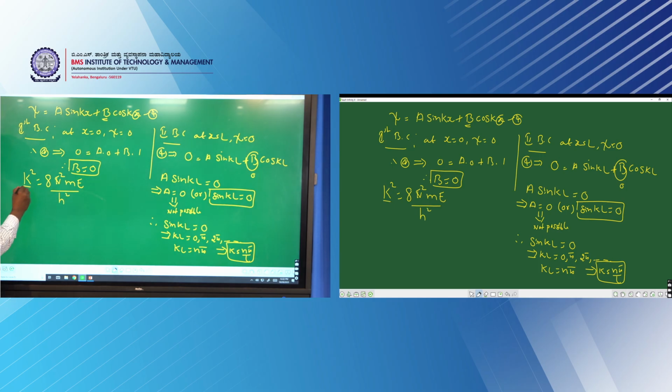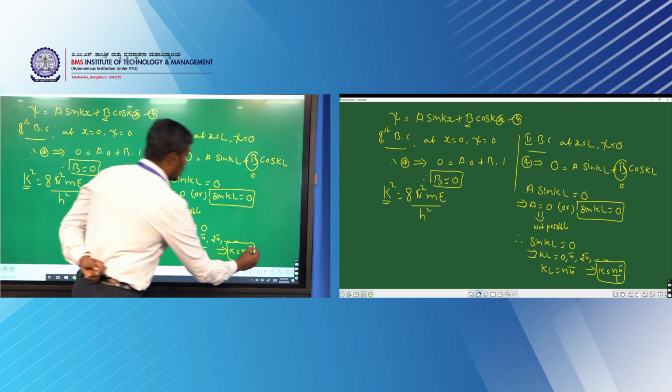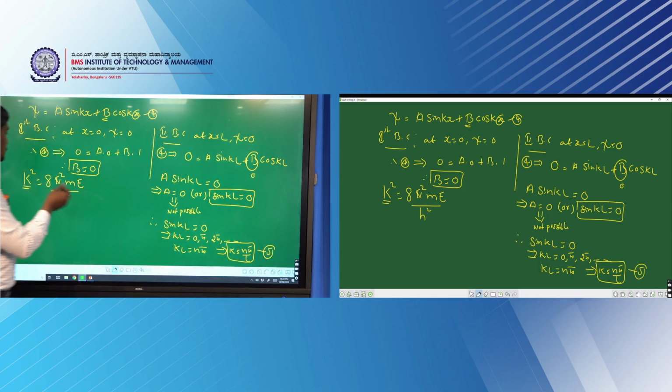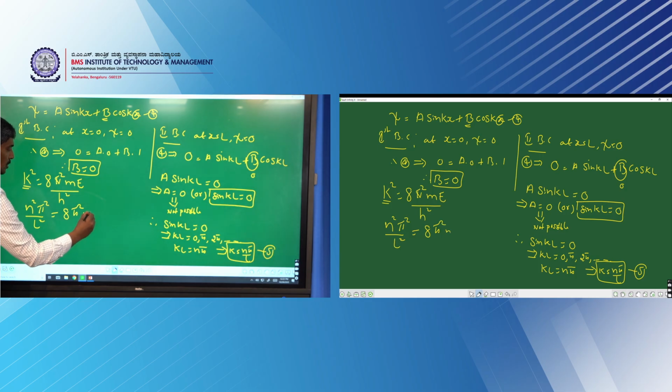Now put the value of k square. Let me call this equation number 5. So from 5, if we substitute the value of k square, what am I going to get? n square pi square by L square is equal to 8 pi square mE by h square.